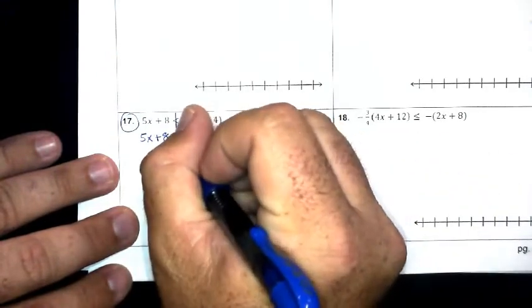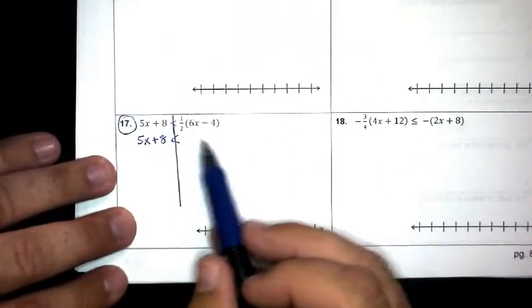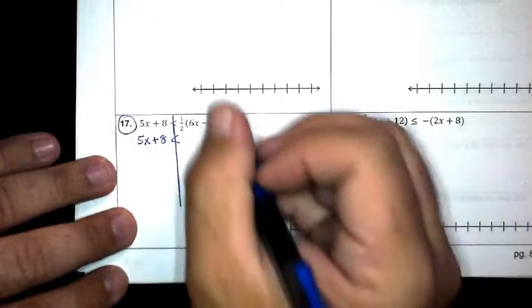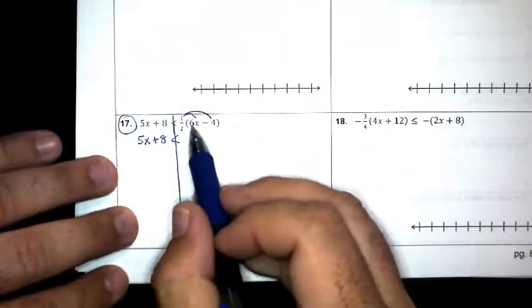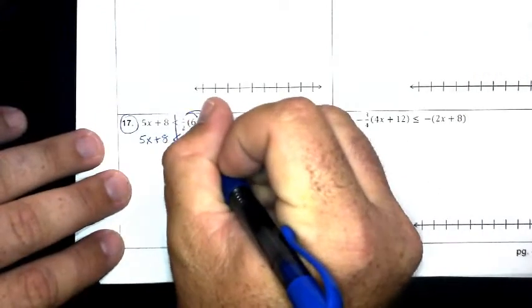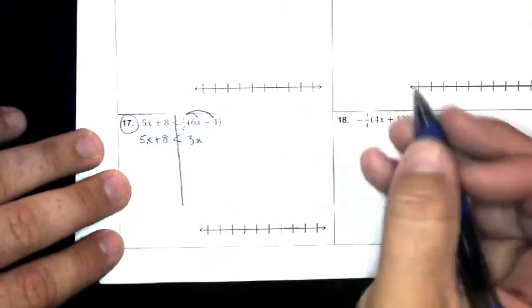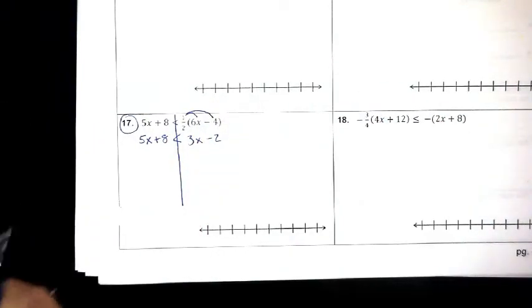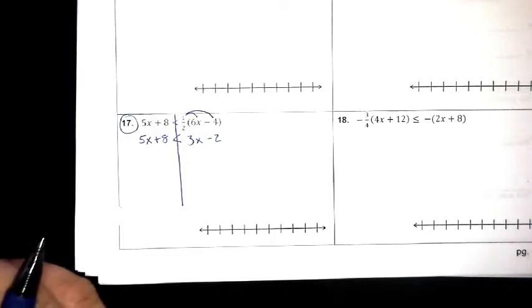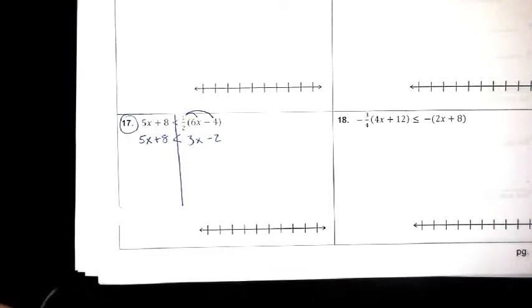What's half of 6? 3. 1/2 of -4 is -2. Y'all are so smart. What else do I need to do? Is there anything else to combine or distribute? Or have we completed step 1 and 2?